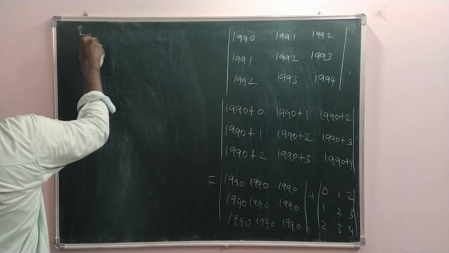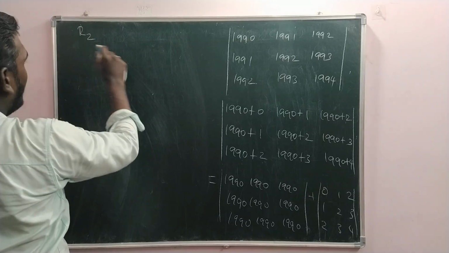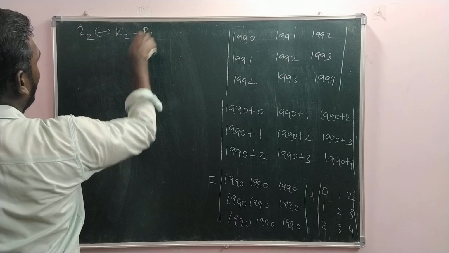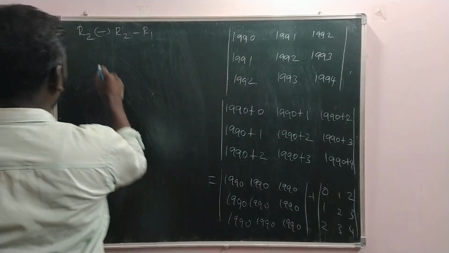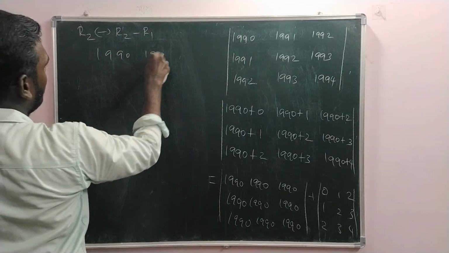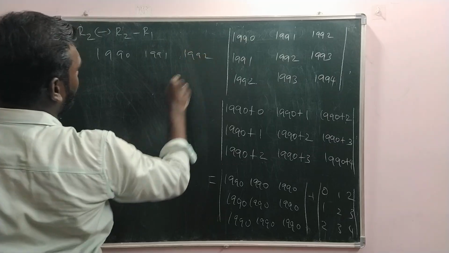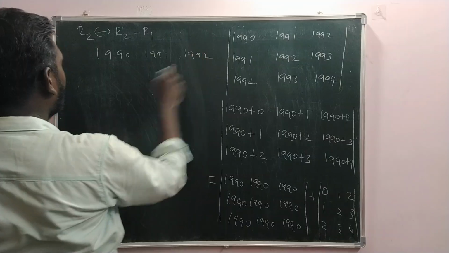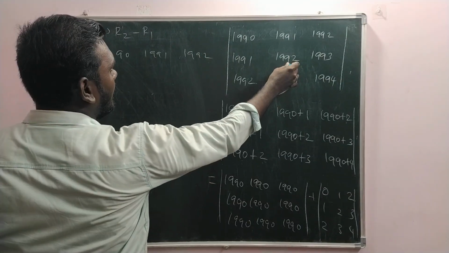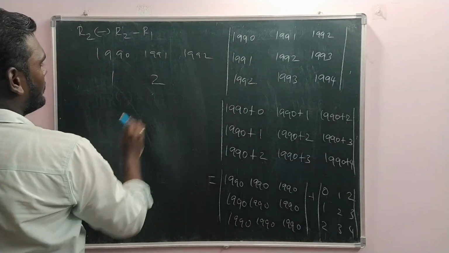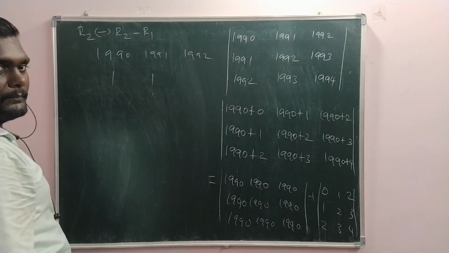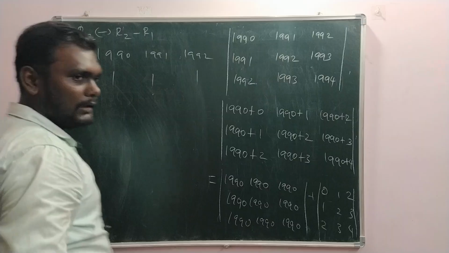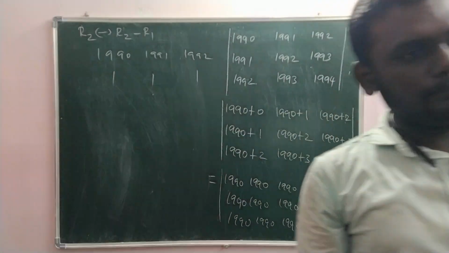In R2 I am going to make a change: R2 minus R1, and R1 remains the same, 1990, 1991, 1992. Then R2 minus R1: 1991 minus 1990 is 1, 1992 minus 1991 is 1 again.